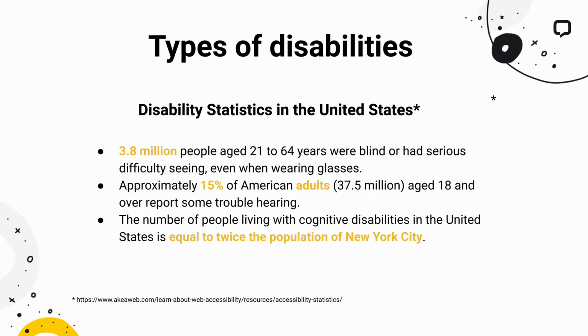So far we have more than 40 million people with some sort of disability that stops them from accessing things. And it gets even harder: the number of people living with cognitive disabilities in the US is twice the size of New York City. And if you're aware of New York City, it's a pretty big place. So we're talking about a huge chunk of people, Konrad, right? It's a lot of people that cannot access the same things that someone without disabilities can.